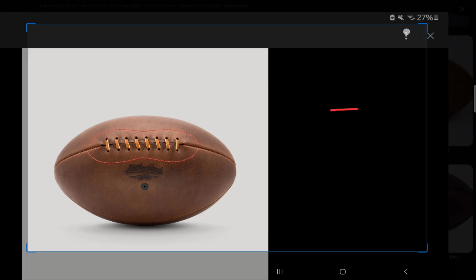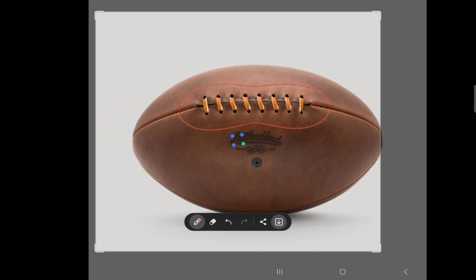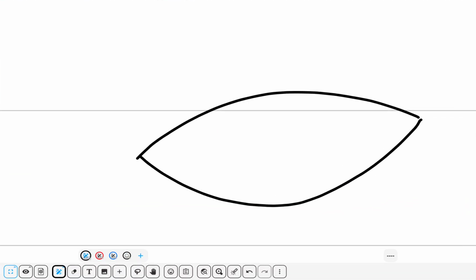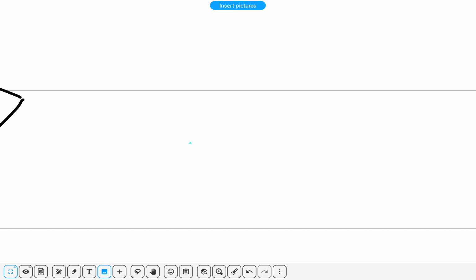This is a special thing about this shape.